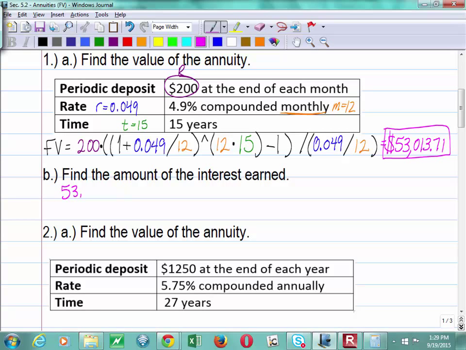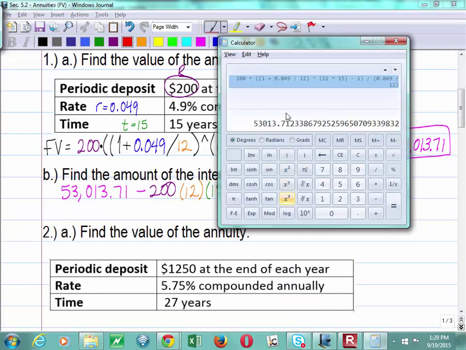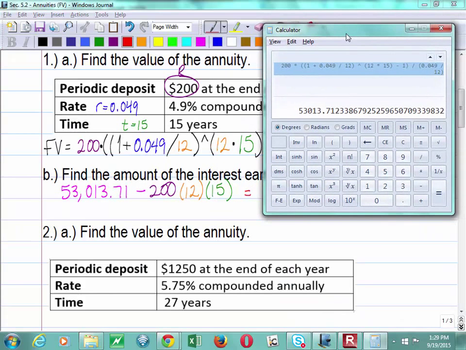So $53,013.71 minus the total amount of the payments, which would be $200, the amount of each payment, times 12, since it's monthly, times 15, since it's for 15 years. Alright, so let's just put that in the calculator.